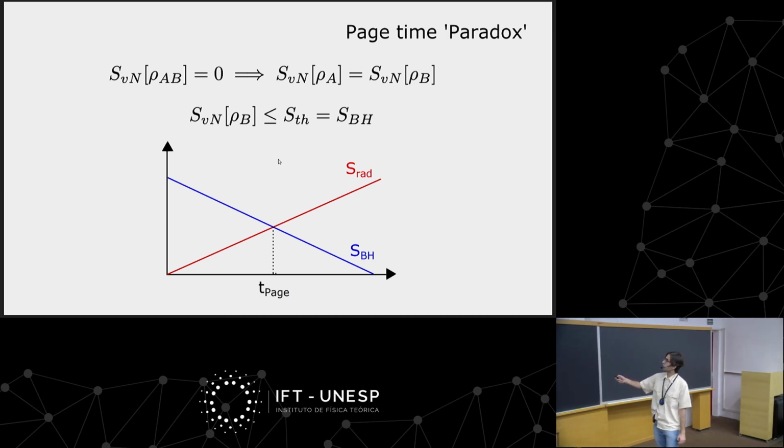I want you to think of a point, say, to the right of the Page time, right? You believe that the reason why there is an entropy of the black hole is how you decided to bisect your system into two pieces, the pieces that are inside and the pieces that are outside. So the piece that is inside has a microscopic entropy that has to be the same as the entropy of the radiation.